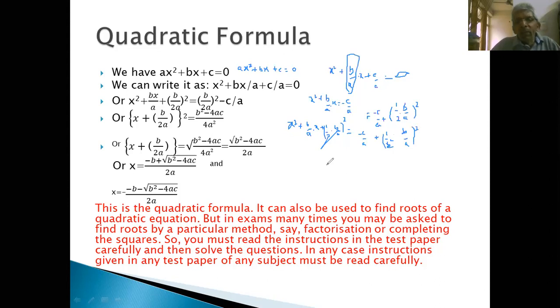Now on the left hand side we have got a complete square of the form a plus b whole square is equal to a square plus b square plus 2ab. So we can write this as x plus b by 2a whole square.